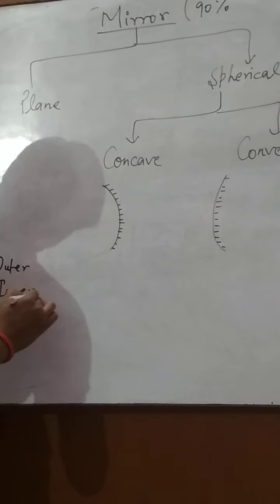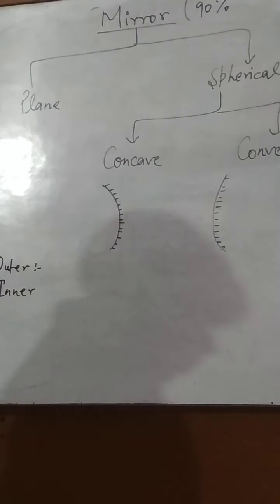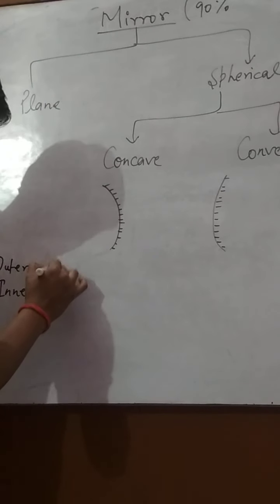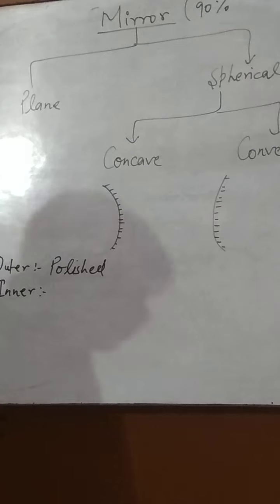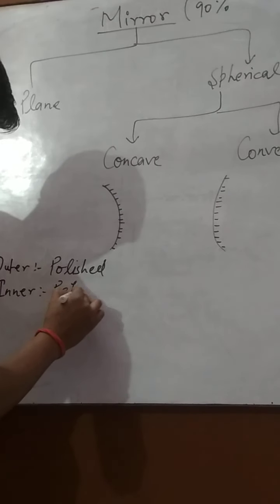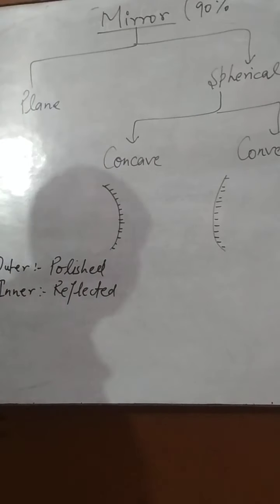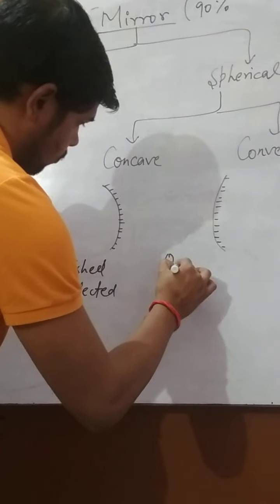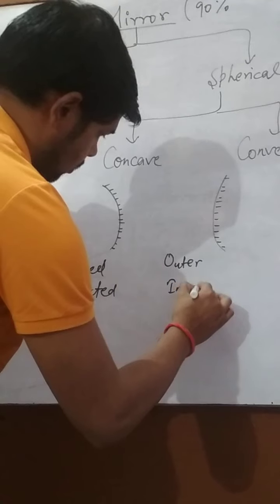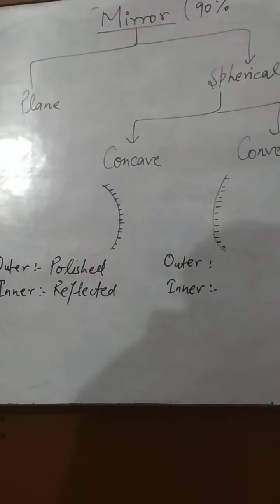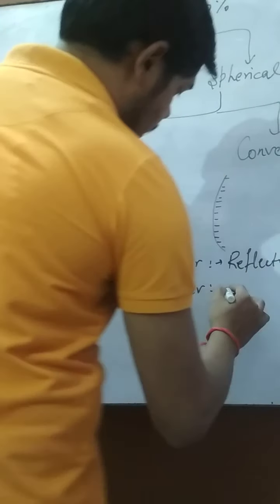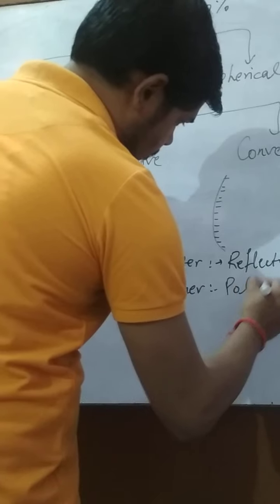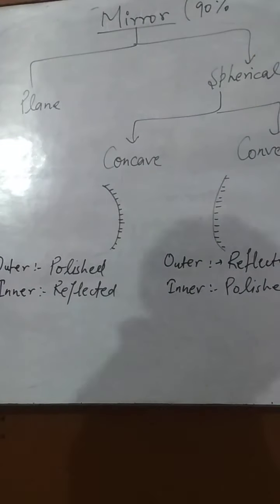In a concave mirror, the outer surface is polished and the inner part is reflecting.